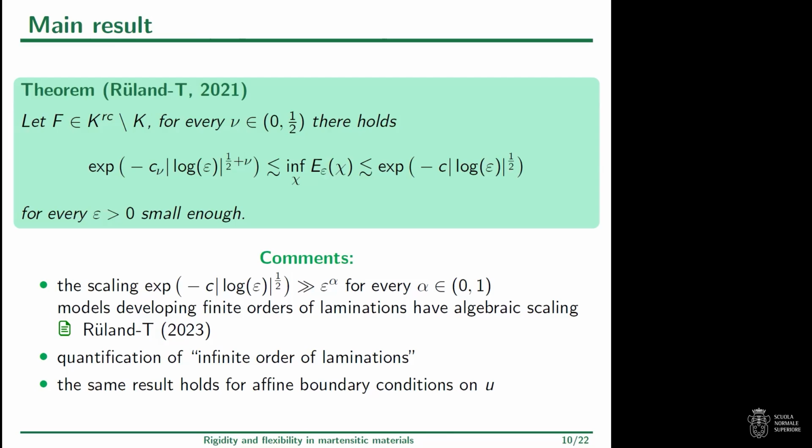If you put zero boundary condition, then you can periodize it. So if you have the lower bound for periodic, then you have the lower bound also for the affine, and the upper bound is actually proved for the affine, so you gain it also for the periodic.